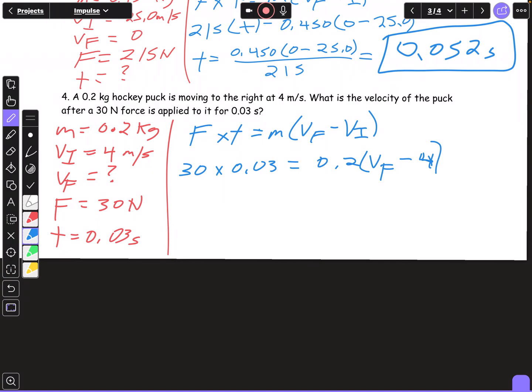So what I want to do is kind of work this out. I want to extend it out where I have 30 times 0.03.